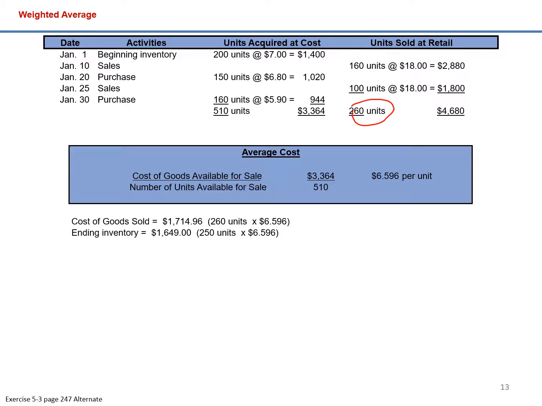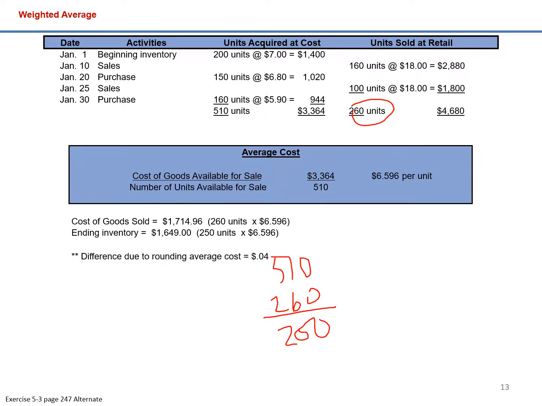And then if you apply your $6.596 to your ending inventory, which would be your 510 units less your 260 units, is 250 units, right? Times the per unit average cost, that's $1,649.